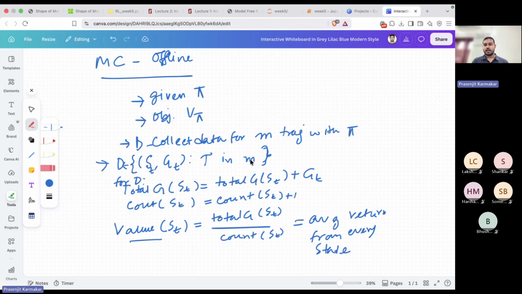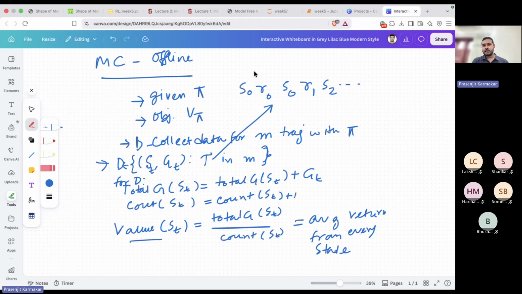So let's expand this trajectory. It can be like this: S0, then you take some action with the policy, you get R0, you take an action and reach, let's say, S0 again, then you take another action, get R1, then you reach S2, and so on.